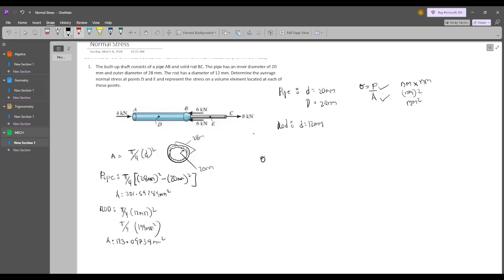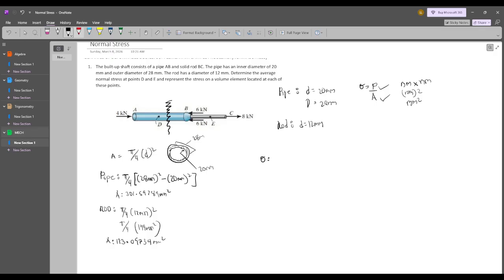Before we proceed, let's look at the figure. We can see that there are many outside forces. There's 6 kilonewtons, there's 8 kilonewtons, and there is 4 kilonewtons. How do we know which to use and which not to use for each point? Well, we can simplify it by just cutting the pipe so we can only focus on the 4 kilonewtons.